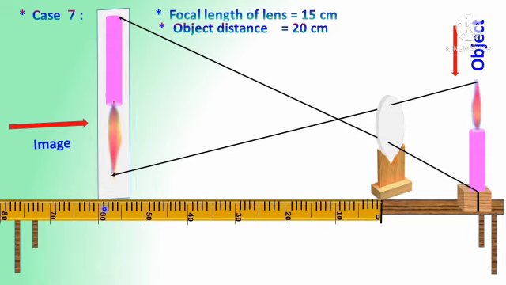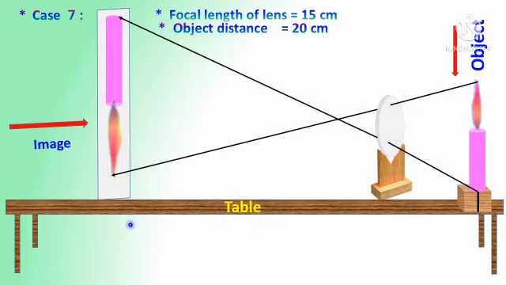What is that? The lens to image distance is 60 centimeters. In the earlier cases the object to lens distance was very far, but in this case the lens to image distance is very far, that is 60 centimeters.